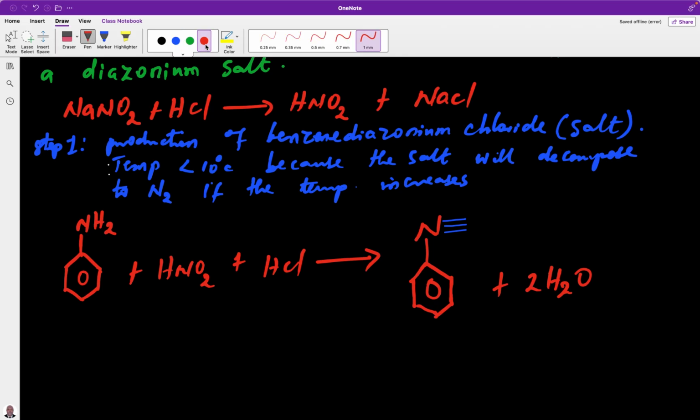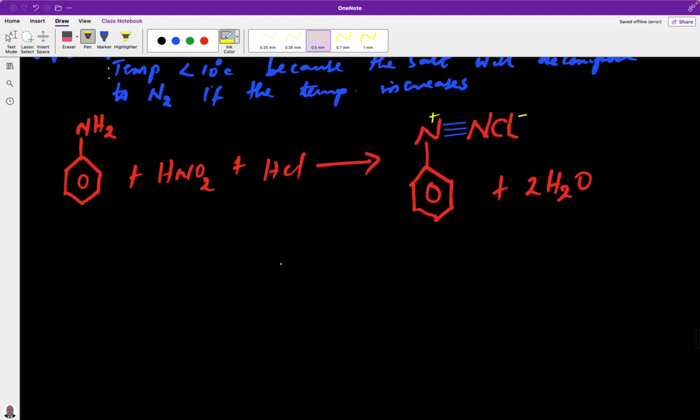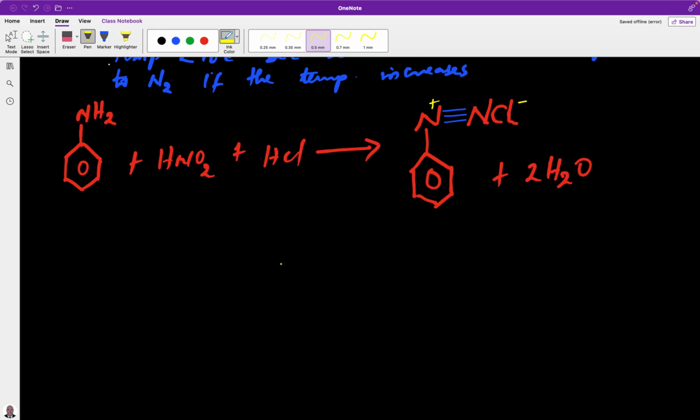Then nitrogen again, and chloride. Let me put the charges here. So this is the salt. This is what I call the benzene diazonium chloride.